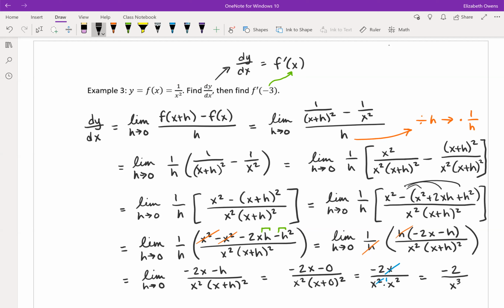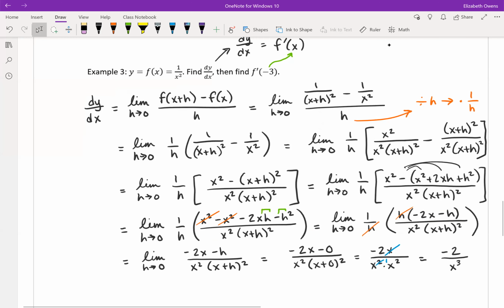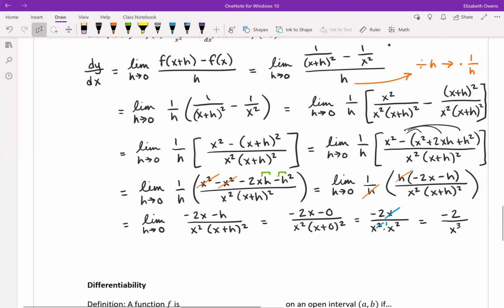But we don't need to go back and compute anything new. We don't need to go find f prime or anything because we've already found it in finding dy dx. That is f prime right there. So dy dx equals f prime of x equals negative 2 over x cubed.